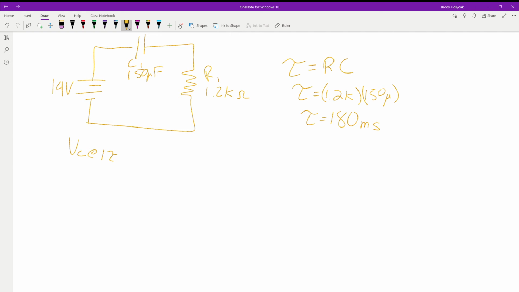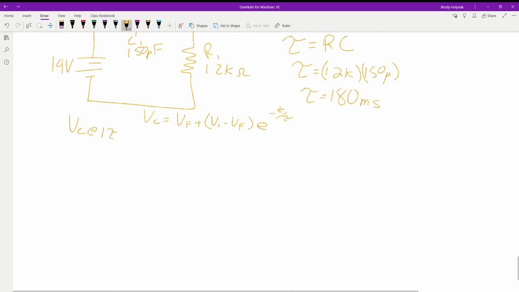So the voltage of the capacitor is V final plus V initial minus V final times e to the negative t over tau. We're not going to use the other formulas. We're just going to practice with our large formula first. So we're trying to solve for this value at 1 tau.